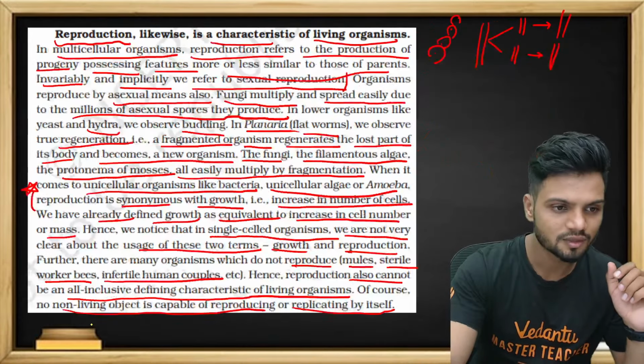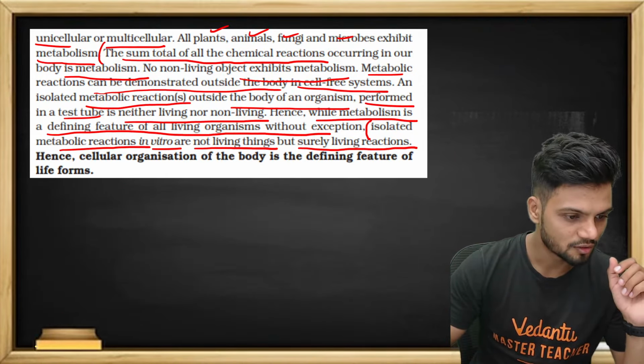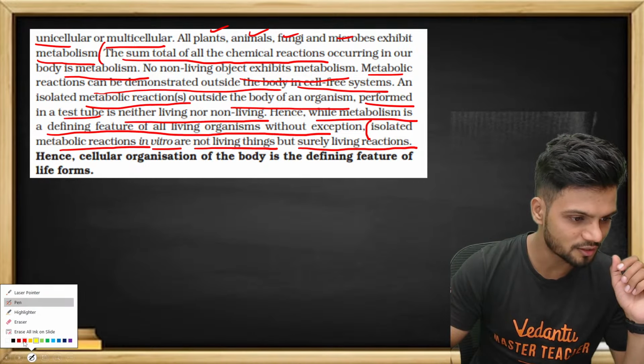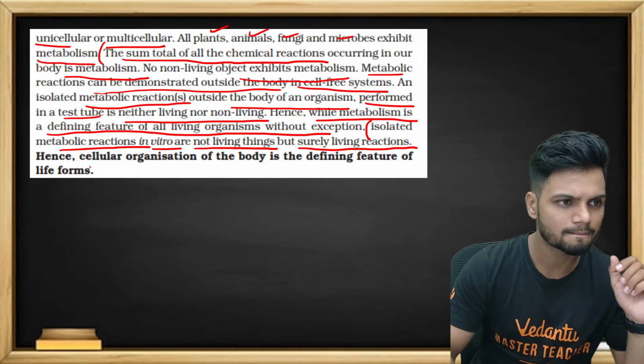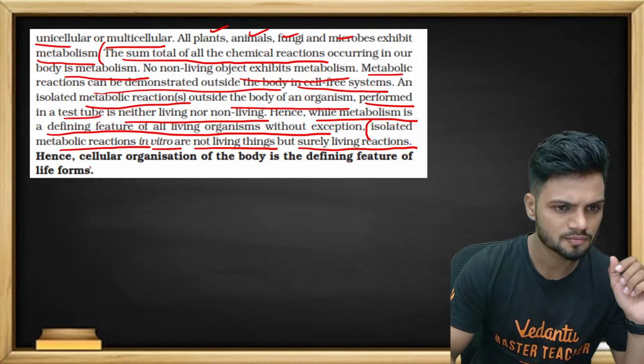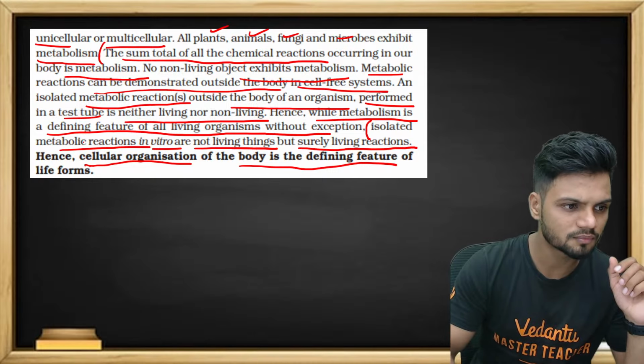Beautiful. Next one. Students, write down these few points here and there, so it will help you also. Somewhere it will help you. See, cellular, next. Cellular organization of a body is the defining feature of the life form.